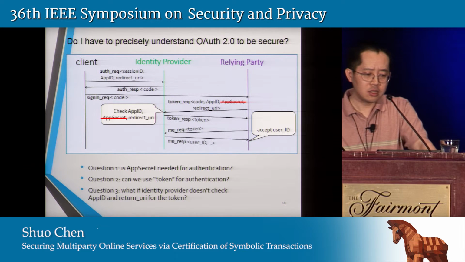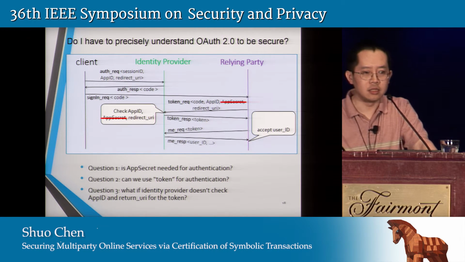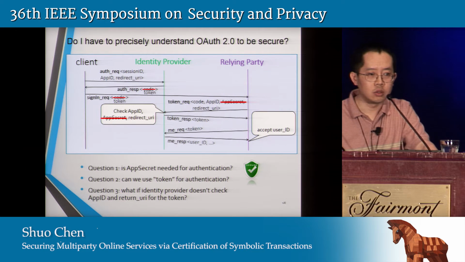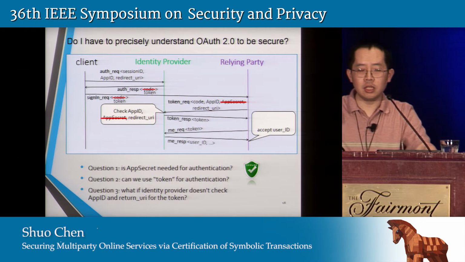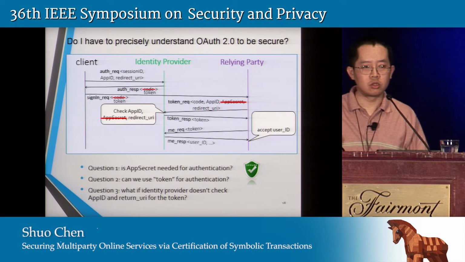And then we started to violate the protocol more blatantly. We use the access token to replace the authorization code in this method call. And this is explicitly forbidden by the protocol, by OAuth 2.0.